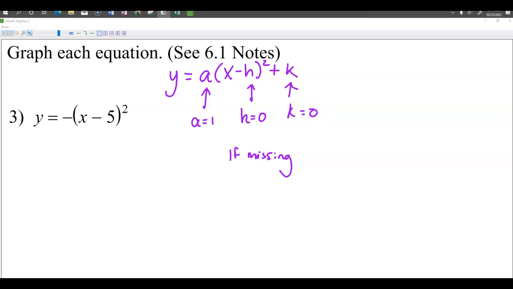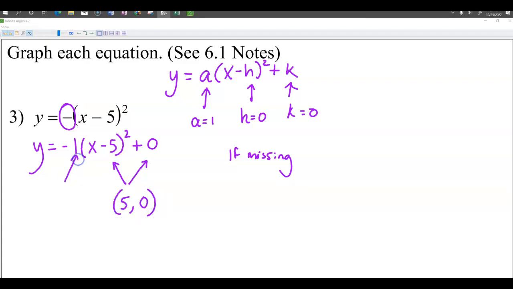So over here, all right, so in this case, we're missing the A. There's no number in the front, so that would mean it's a 1. We do have the H. It's a 5. But we're missing the K, so that would be a 0. Okay? And so in this case, then, the vertex will be 5, 0.